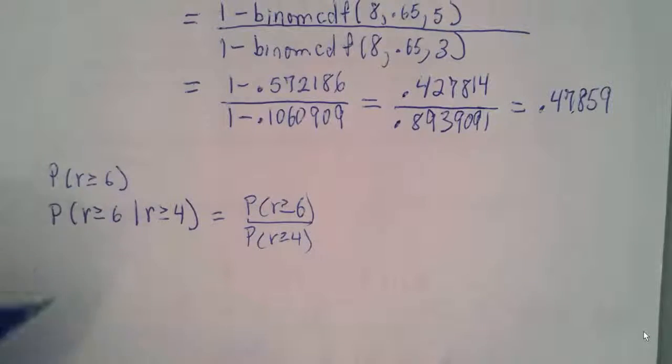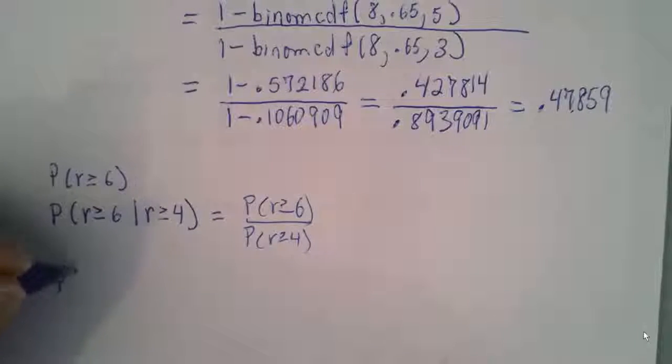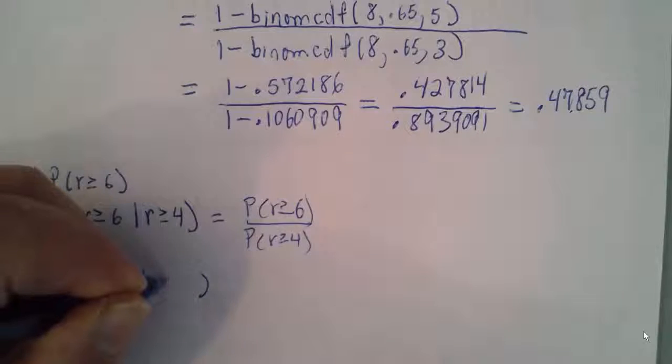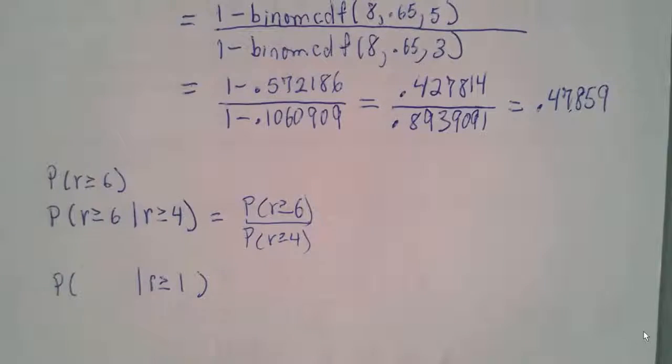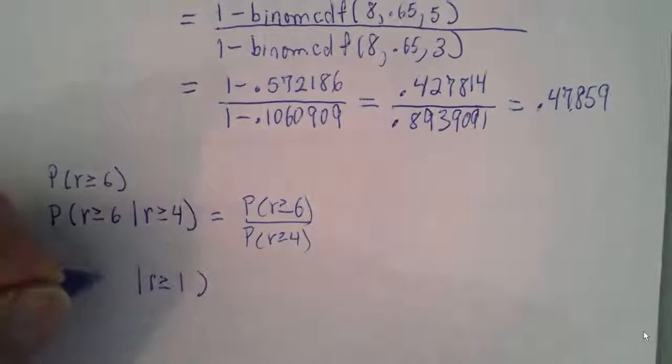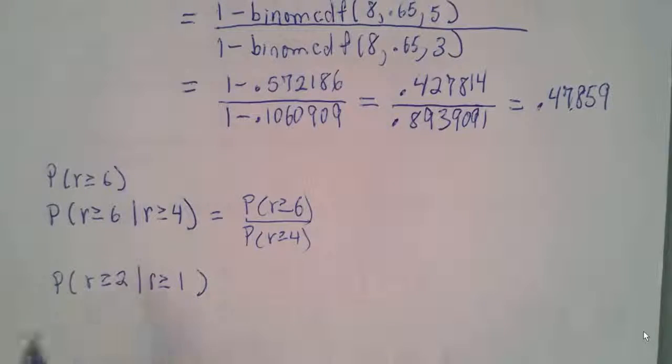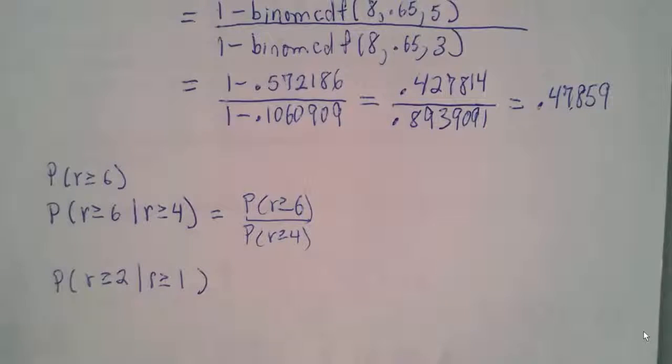You restrict yourself to patients who have had already at least 1 heart attack. What's the probability that that patient is going to have at least 2 heart attacks? Well, it's the probability that you'll find at least 2 heart attacks, given the fact you are restricting yourself to the records of those who had at least 1.